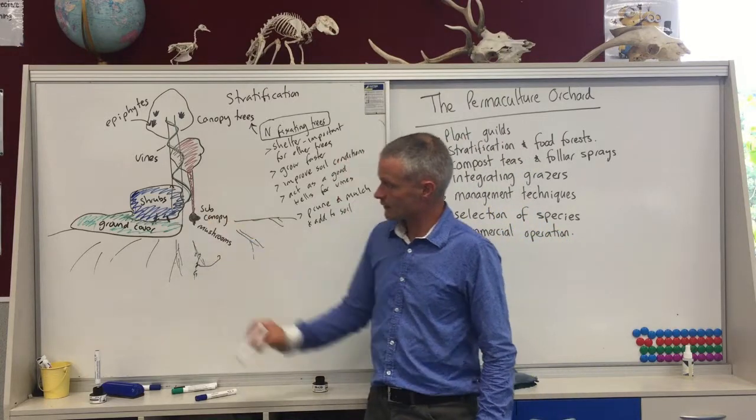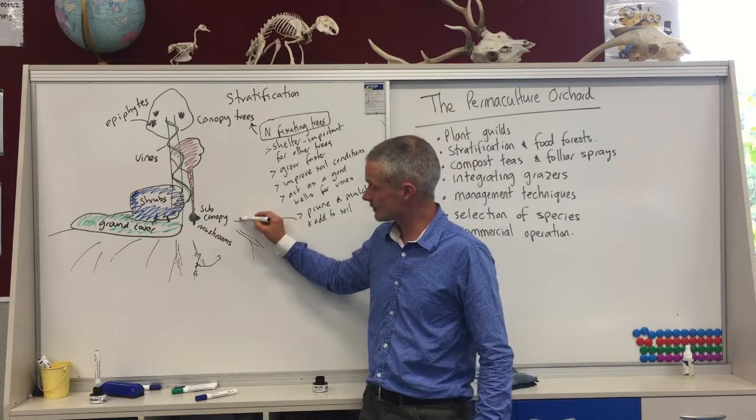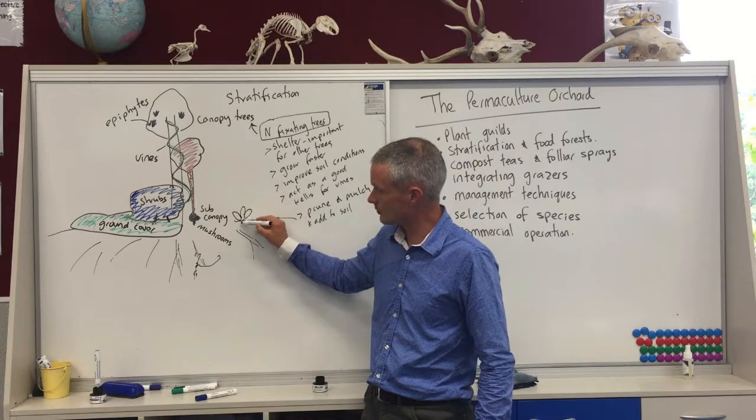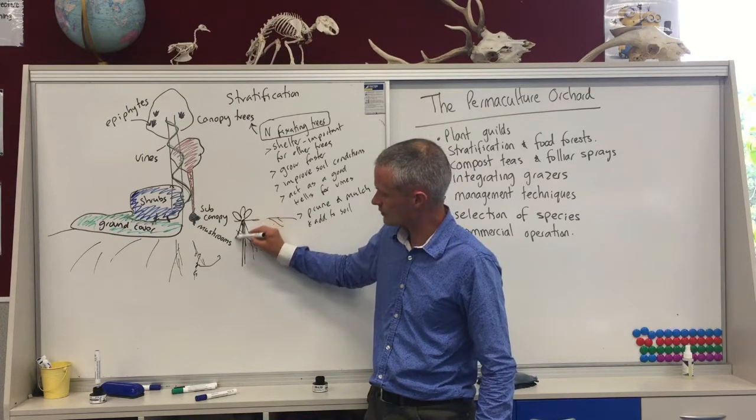Some of these ground covers can be quite useful too. You can incorporate dynamic nutrient accumulators that can send down big tap roots.